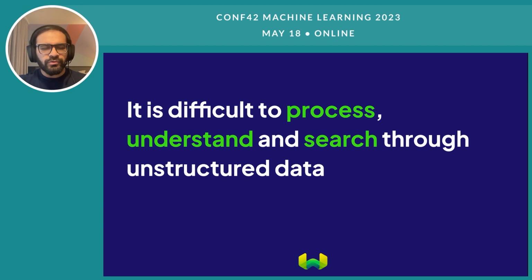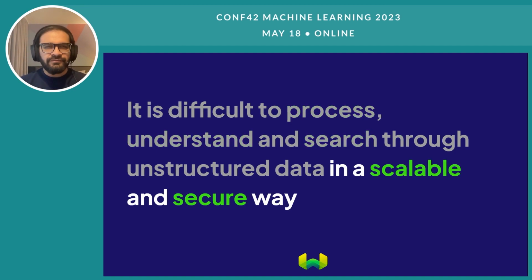The second tall order, the second hurdle in the way, is that it's not enough to just be able to search over and understand a small amount of data. We have to be able to do this in a scalable and secure way so that we can search over hundreds of millions or billions of documents. And so those are the two hurdles that are in the way before we can achieve this idea of semantic search that I just presented. Right? So we'll go through and see how vector databases address each one of these issues.